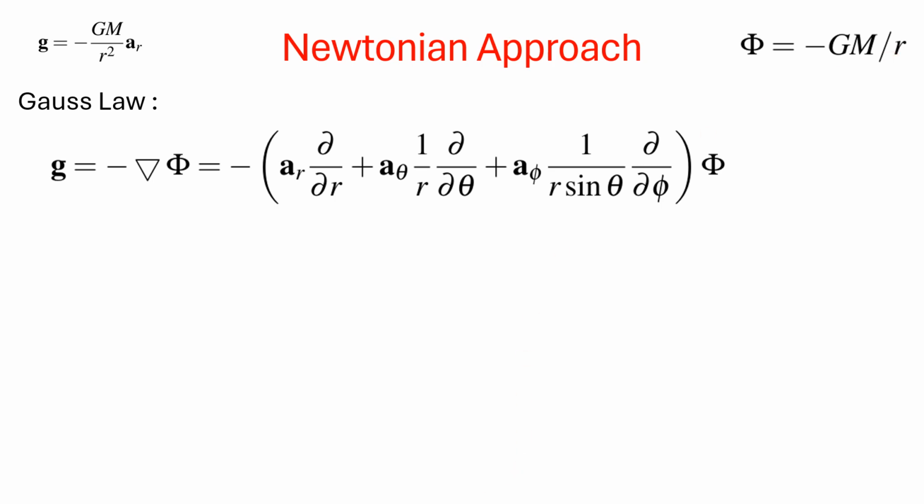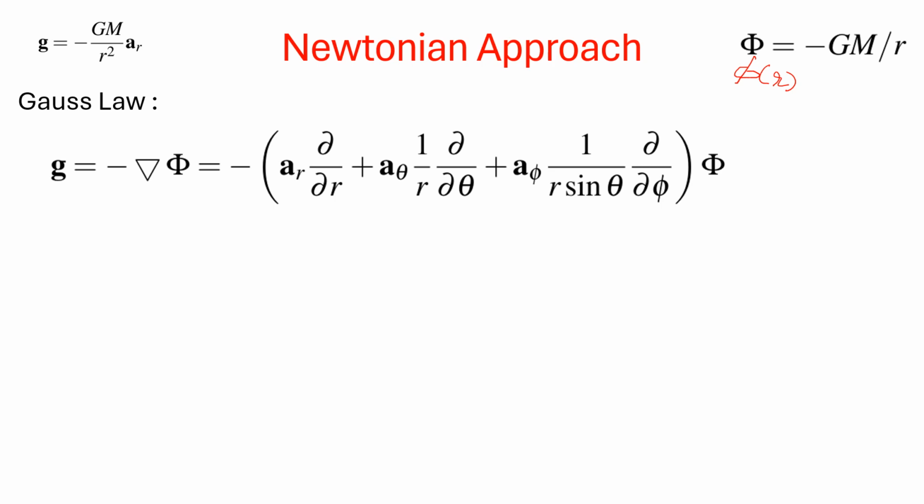Here, I want to be very specific about a thing, that when we are talking about this gravitational potential phi, this phi is a function of r alone. It does not depend upon theta and phi.